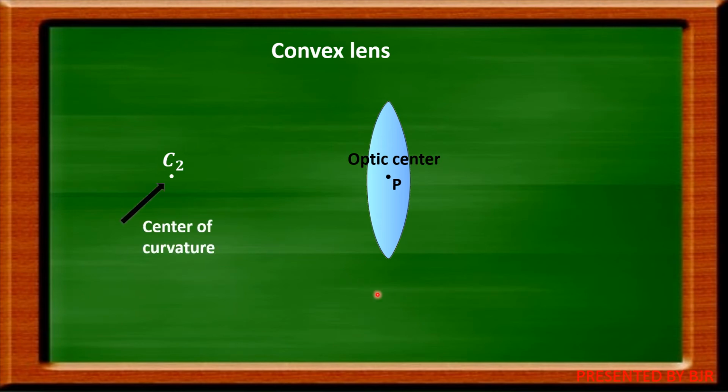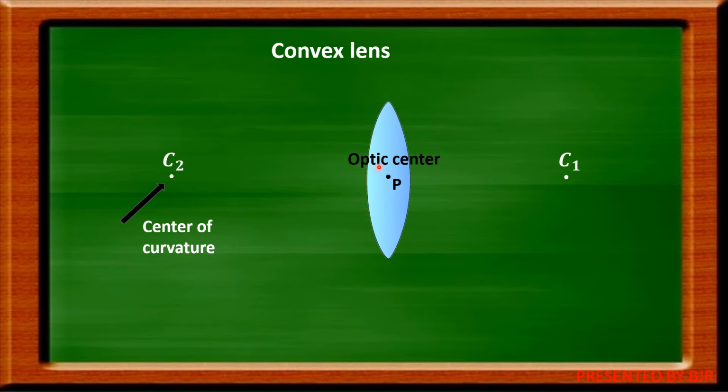Next, C1 is the center of curvature of surface 1. Remember, this one is surface 1 and this one is surface 2. If we move from left to right, this surface will come first and this surface will come second. So here I am taking from left to right. This one is the first curved surface.